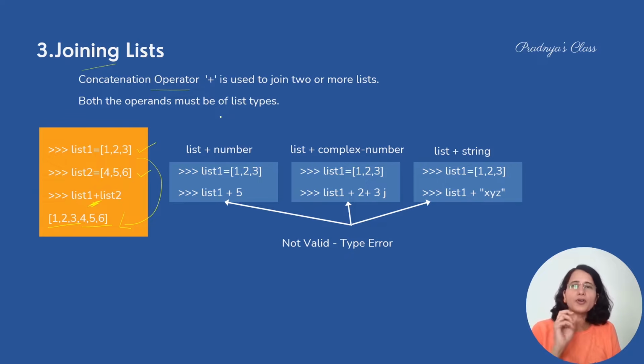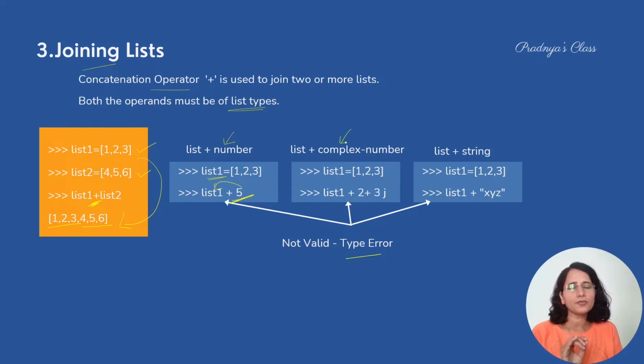If you are joining lists, both operands should be of list type. We cannot join a list with another data type. So here I have shown some combinations which are not possible. I am trying to join a list with a number. You can see this is the list and I am trying to join the number 5 to it, but it will show an error. You will get a TypeError exception.